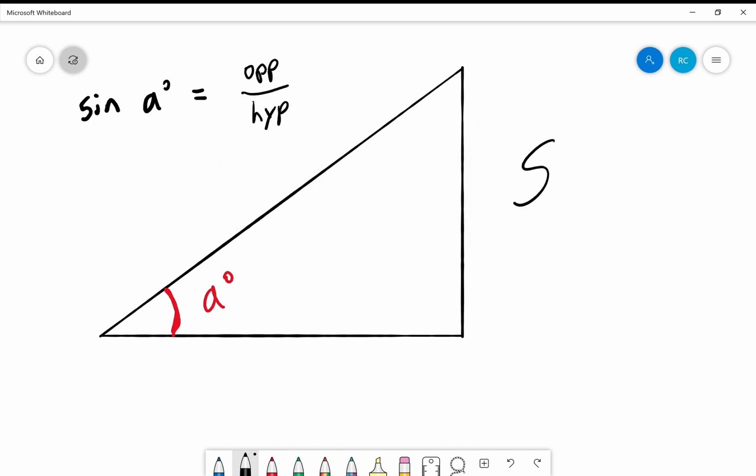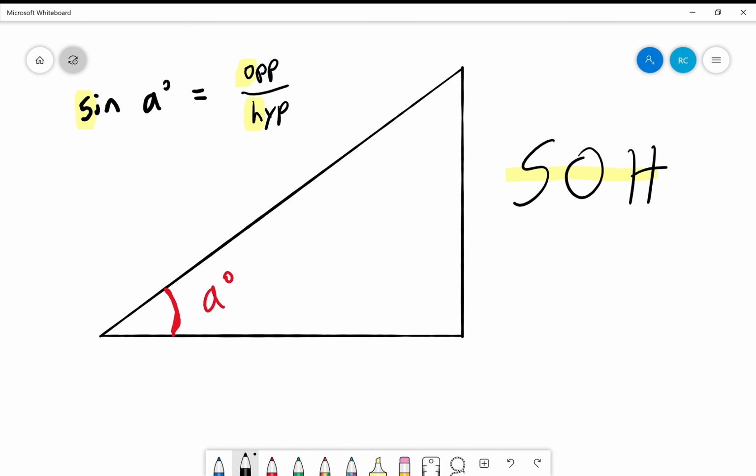That is the SO in SOHCAHTOA. Sine is opposite over hypotenuse. And we can find that ratio really quick using a calculator.